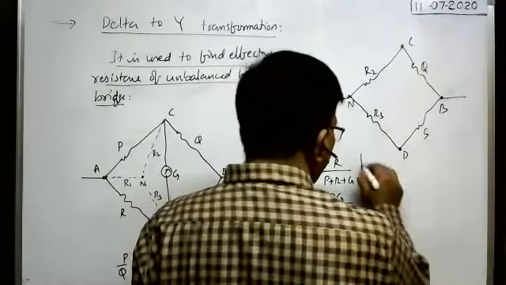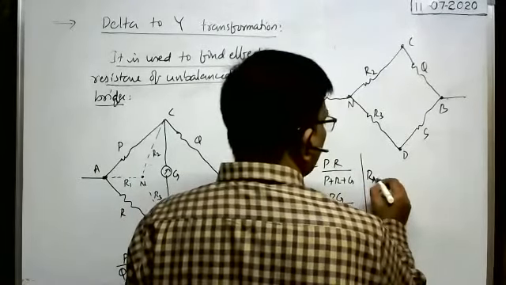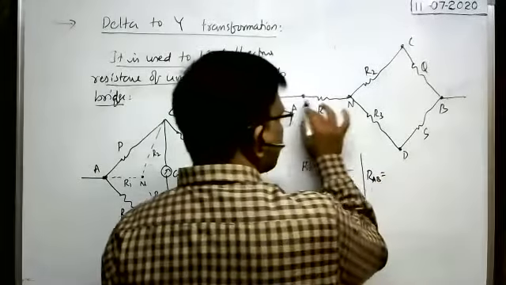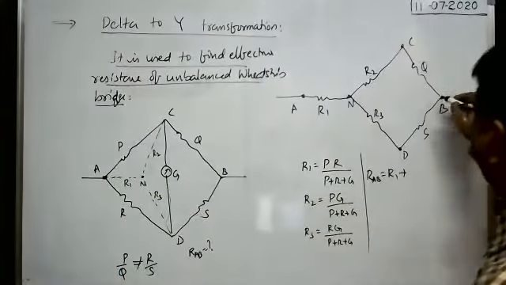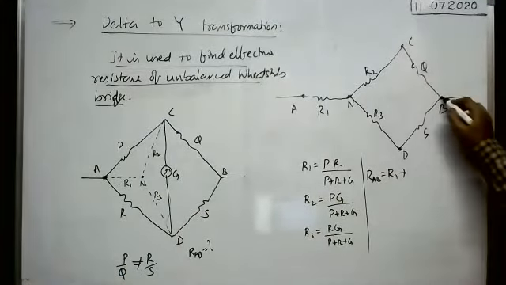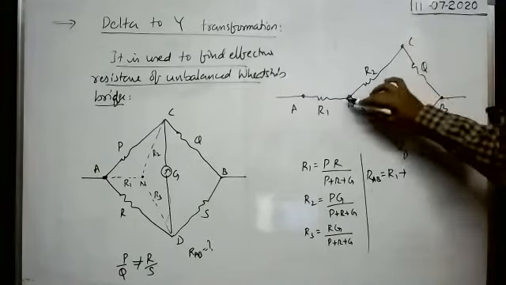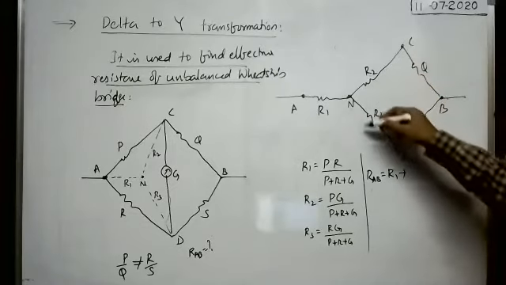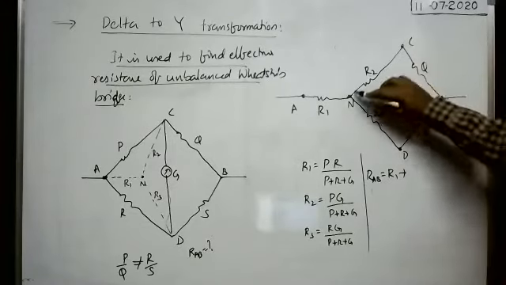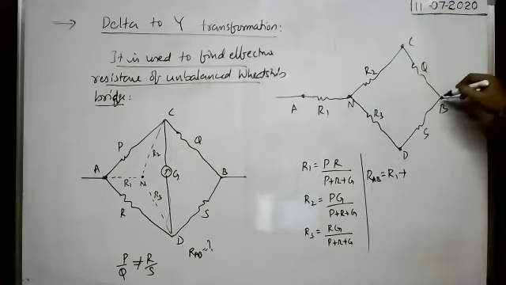Therefore, the effective resistance between A and B, say RAB, is equal to this R1 plus the effective resistance between N and B. The sum of these two is R2 plus Q, and this is R3 plus S. This R2 plus Q and R3 plus S are both in parallel.